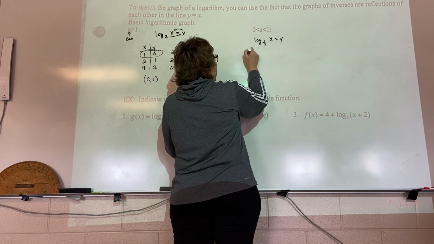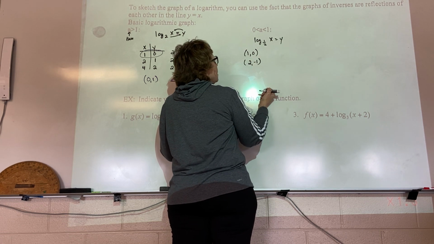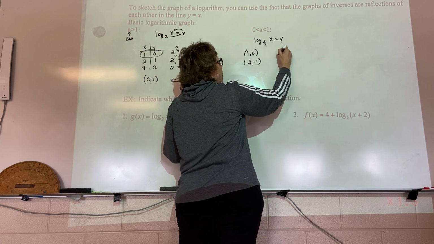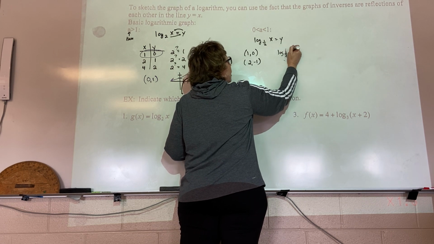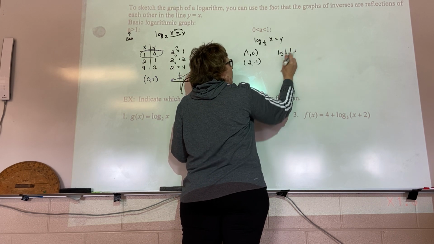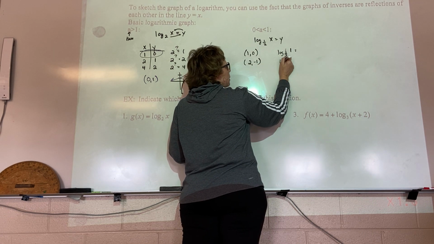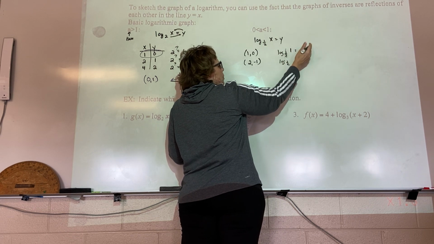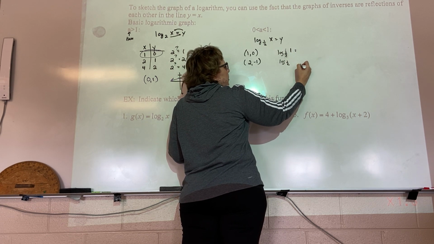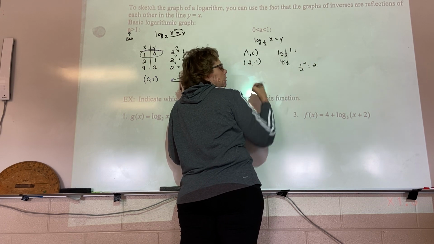And so I just made up some points. So log base 1/2 of 1. How do I go back and get 1? Power of 0. Log base 1/2 of 2: remember, 1/2 to the negative 1 power gives me 2.